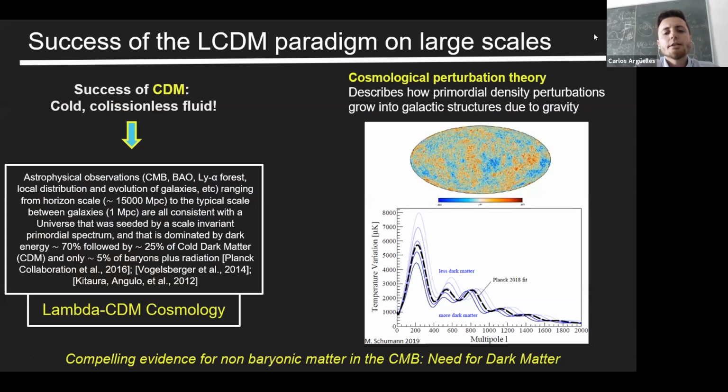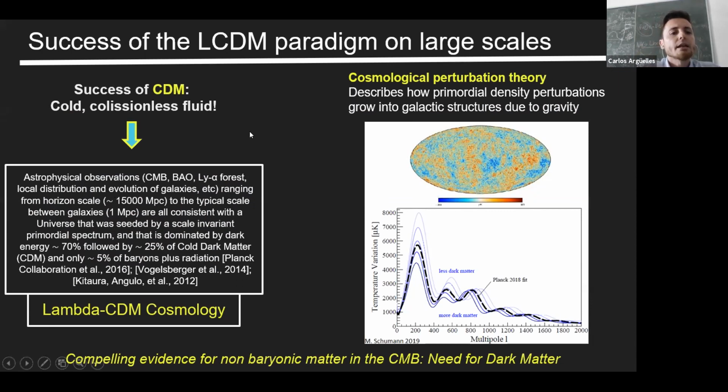So for these generic dark matter candidates, the basic hypothesis is that it is a cold and collisionless fluid, and it has given very successful consequences for cold dark matter.